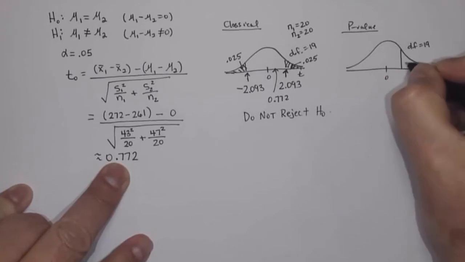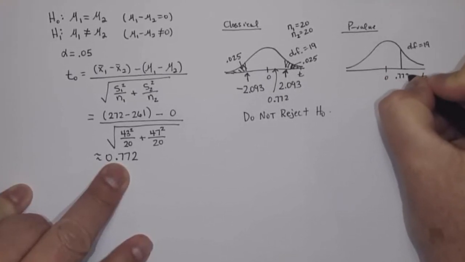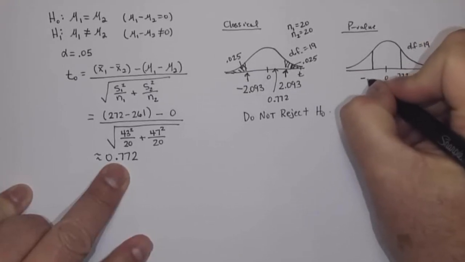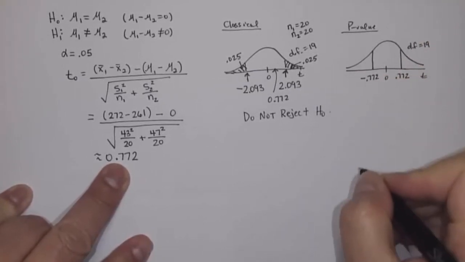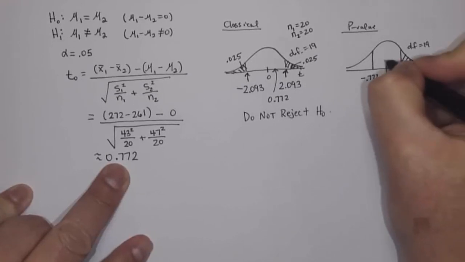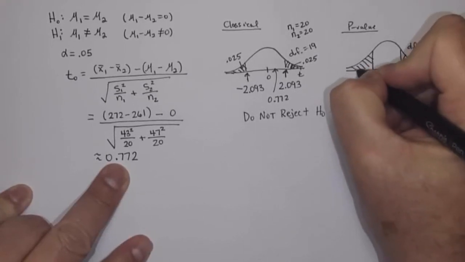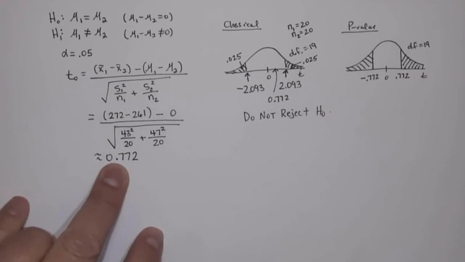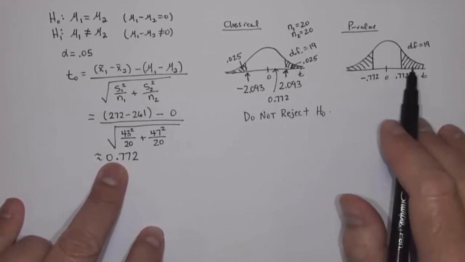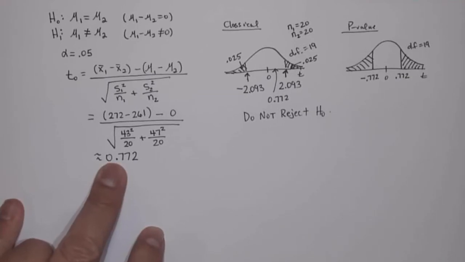Our test statistic is 0.772, which would be around here. Its opposite is negative 0.772, which would be about here. So the p-value is the total area in those two tails. Those two areas will be the same, so if I find one of them, I can double it, and that will give me the total area.